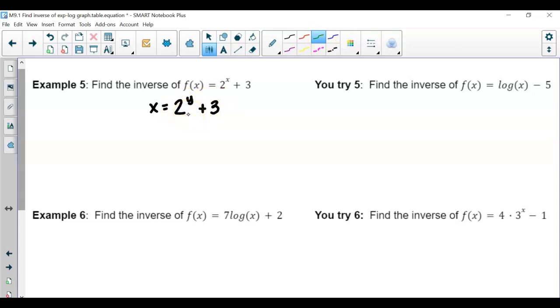So just like our radical, we've got to get this by itself before we start writing this as a log. So I'm going to subtract 3 from both sides. So 2 to the y is now equal to x minus 3. See how now the exponential is by itself. Now we can write this as our log.